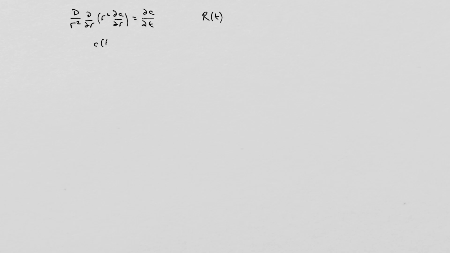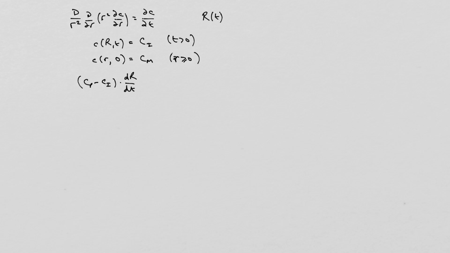We want C at big R and little t, so the concentration at the interface must always be Ci. We want the concentration at time 0 to be the concentration of the matrix everywhere, and we need to conserve material, so that looks like this.